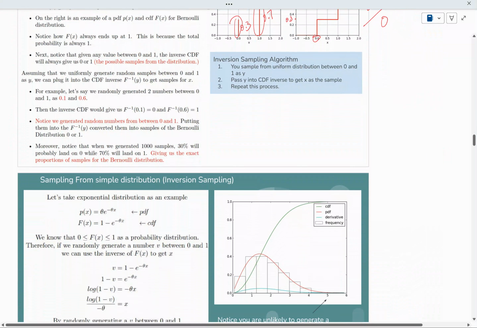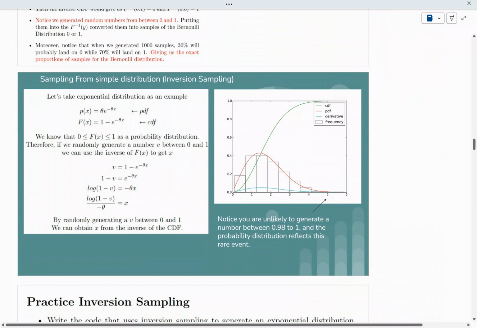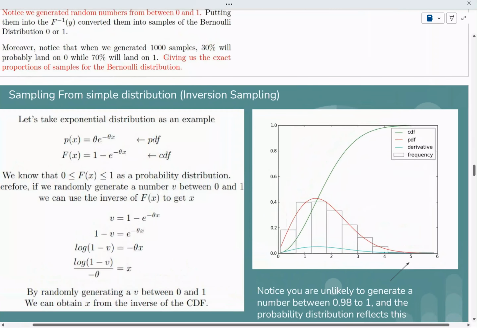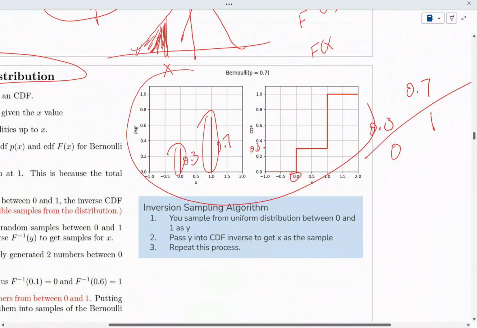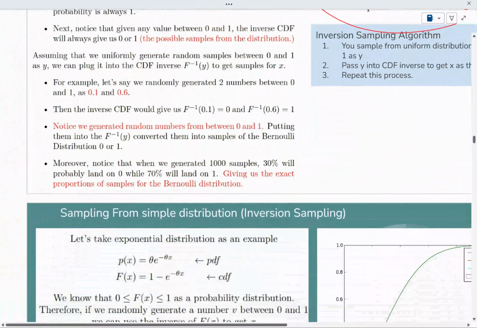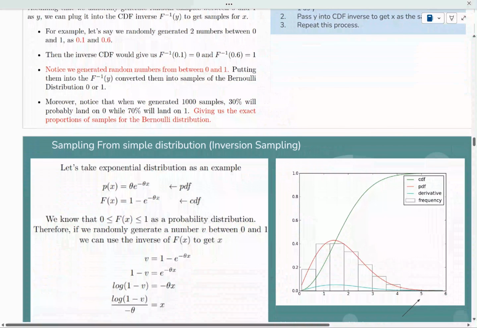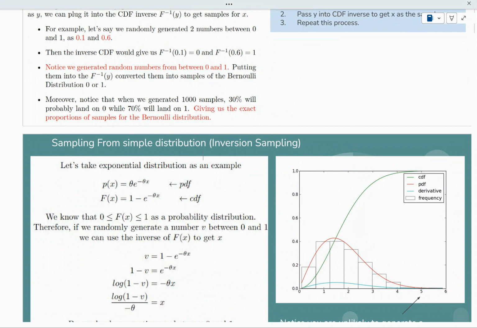Okay. That was a simple Bernoulli distribution, but we can extend this idea to a continuous distribution, such as an exponential distribution. Over here is the exponential distribution, and over here is the CDF of the exponential distribution.